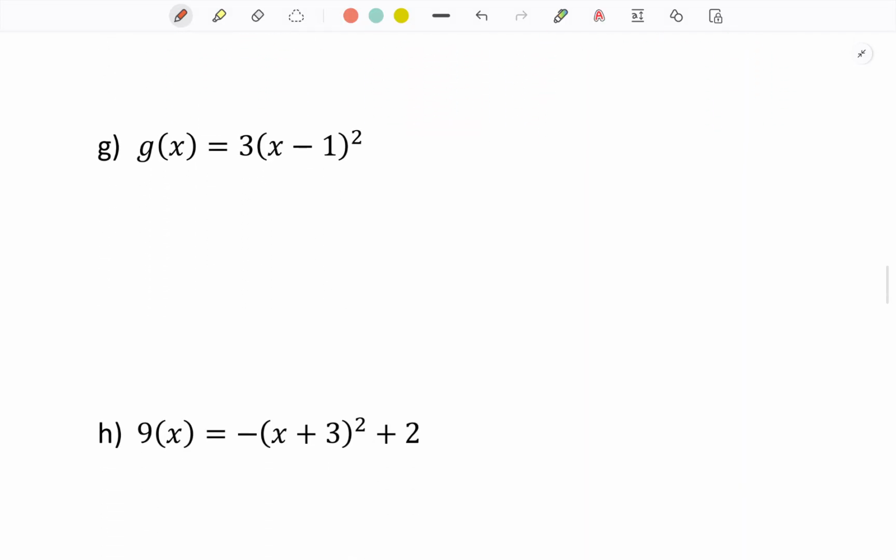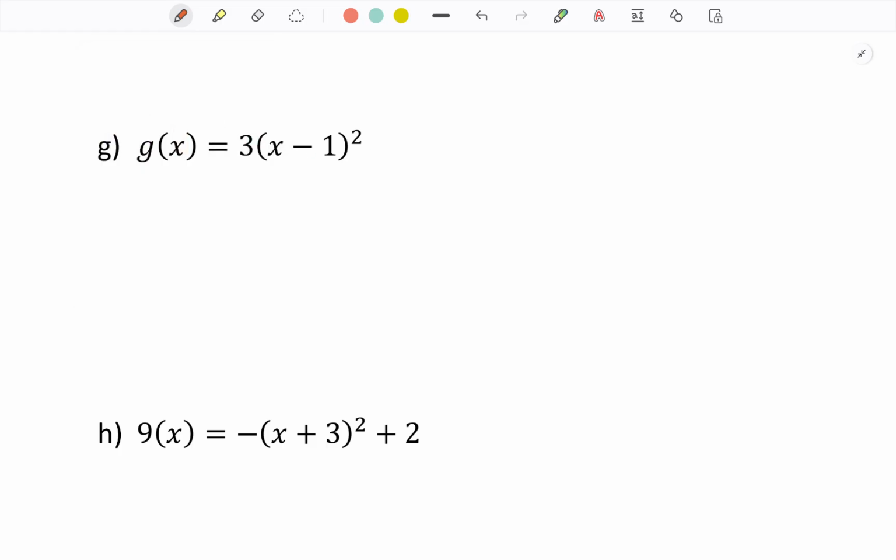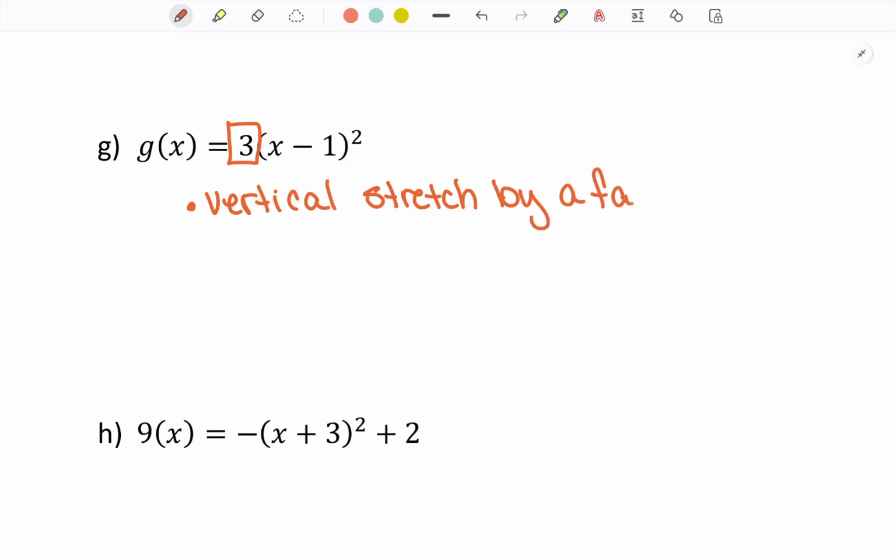Okay, so on G, we have g of x equals 3 times x minus 1 squared. And so the 3 that is on the outside, that is going to be vertical stretch by a factor of 3.